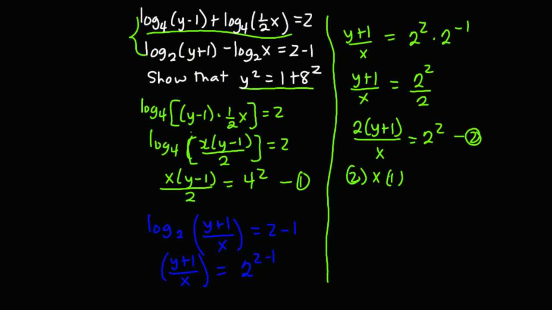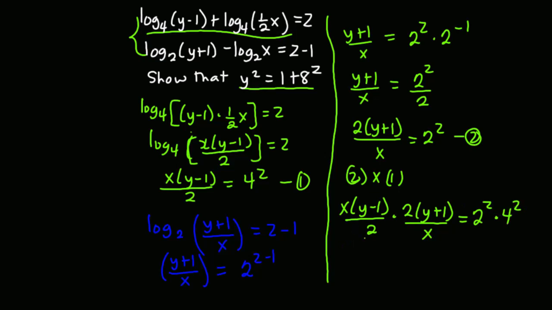When that happens, we have x times (y minus 1) all on 2 times 2 times (y plus 1) all on x, and this is equal to 2 exponent z multiplied by 4 exponent z.